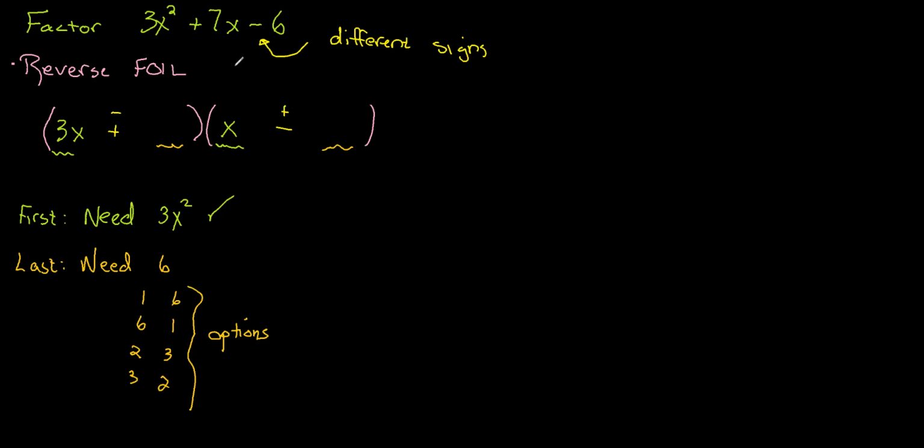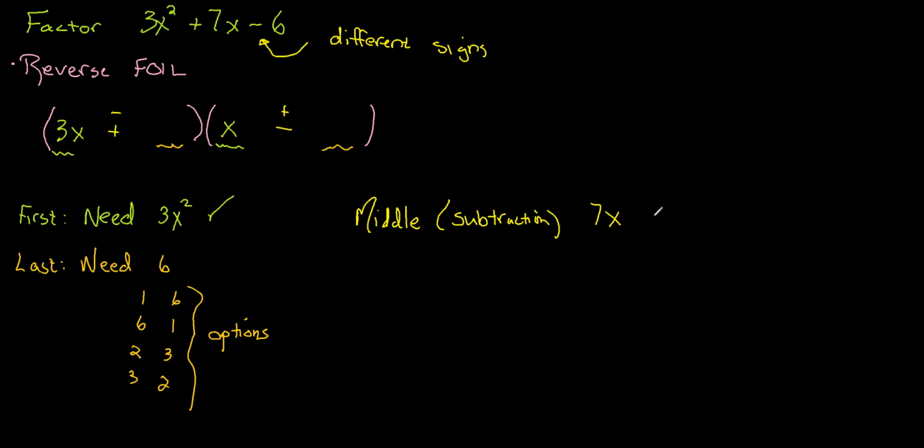I don't know. But the point is that whatever different signs I have there, when I try to obtain the middle term, it's going to be obtained by subtraction, right? If you have one term that's positive and one that's negative, the middle term, we're going to get there by subtraction, needs to be a 7x.